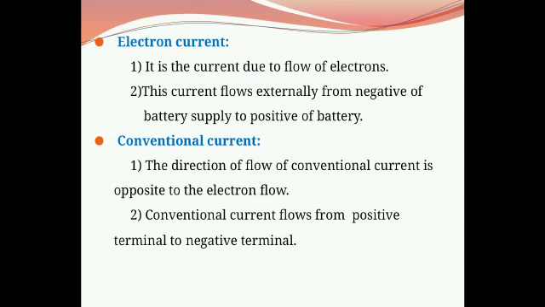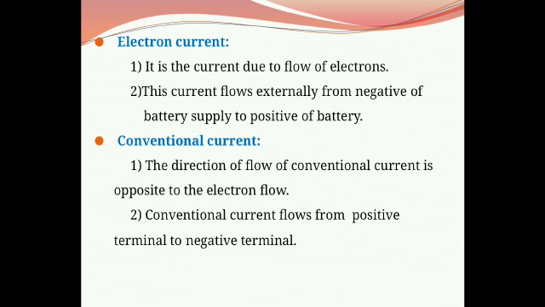The electron current is the current due to the flow of electrons. As we know the atomic structure, an atom consists of a central part called the nucleus. The nucleus consists of protons and neutrons, and electrons are revolving in different orbits.